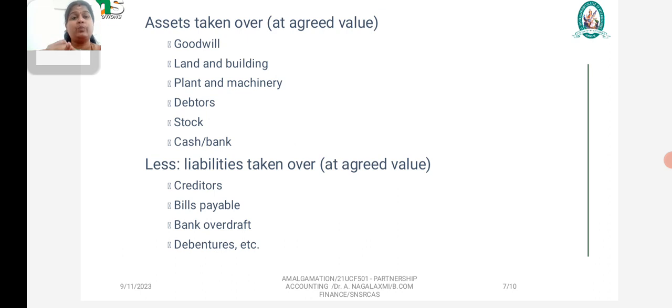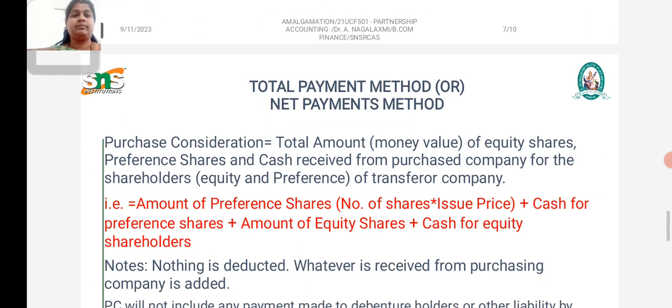Under assets: goodwill, land and building, plant and machinery, stock, cash and bank balance. Less liabilities taken over at agreed values: creditors, bills payable, bank overdraft, debentures, etc. These are the assets taken over and these are the liabilities taken over. Assets taken over minus liabilities taken over will be the net asset.